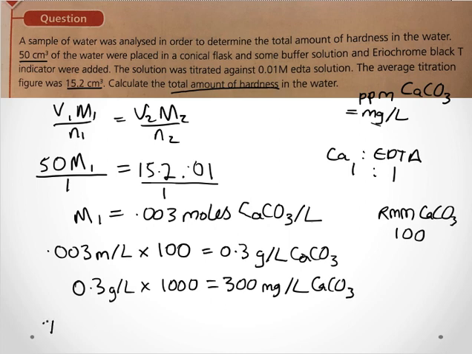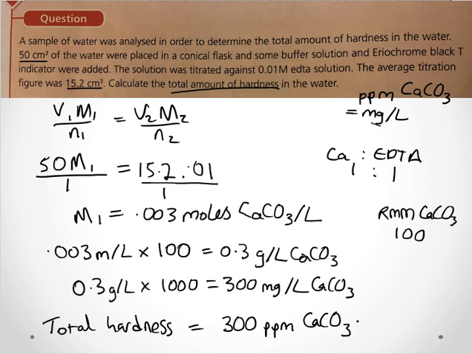So my total hardness in this particular calculation is 300 parts per million of calcium carbonate. And that's it for that particular calculation. That should help you to do questions 19.3 to 19.5 at the end of the chapter.